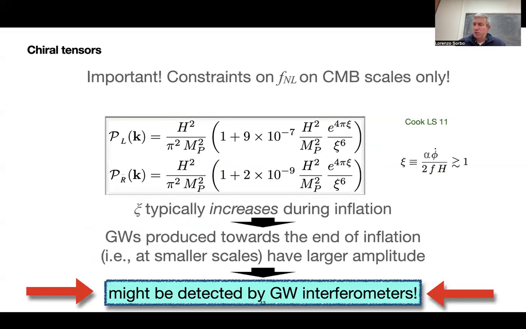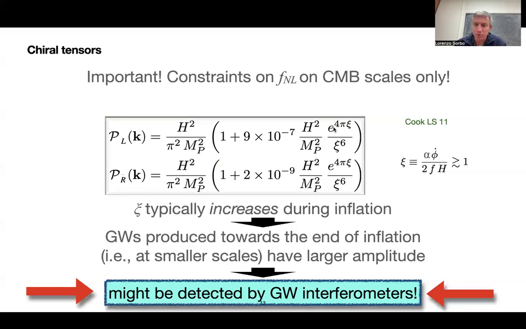Let's move on. Let's go back to the simpler case where the axion is actually our inflaton and not a rolling spectator. Now, there's an important consideration also. These constraints on f_NL, as I said, apply only to CMB scales. But look again at the power spectra.